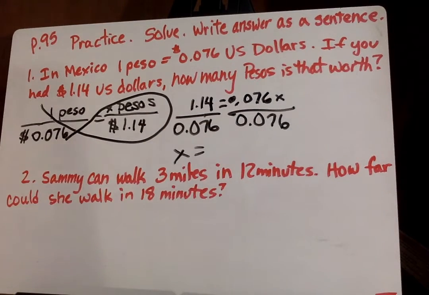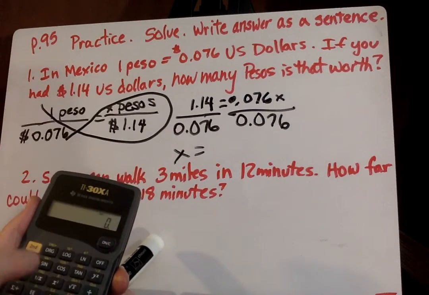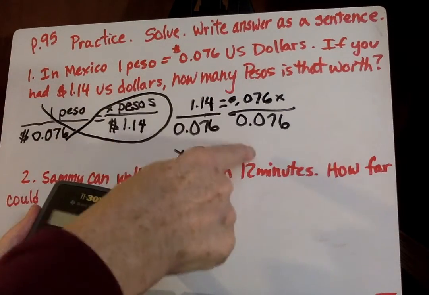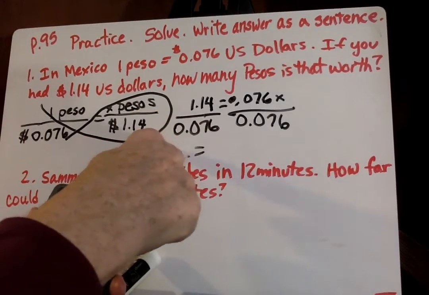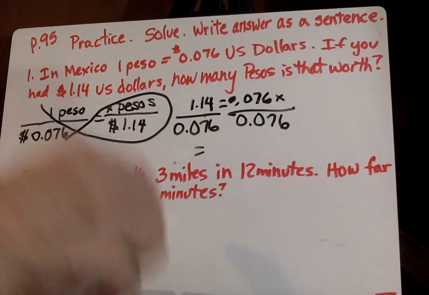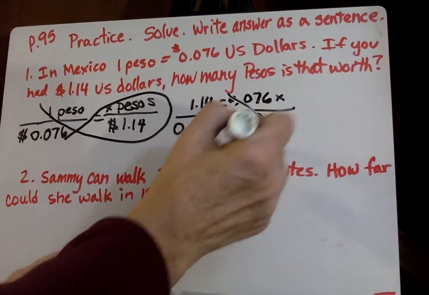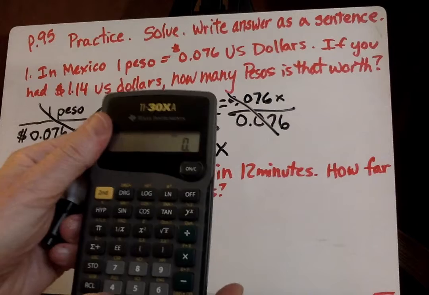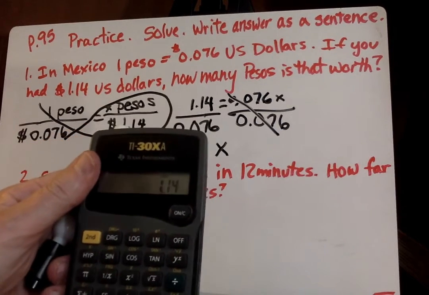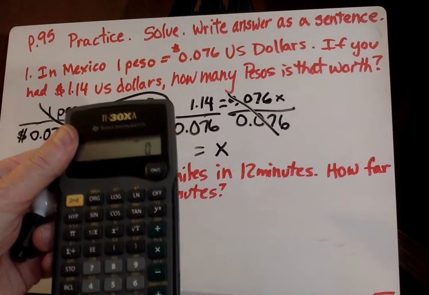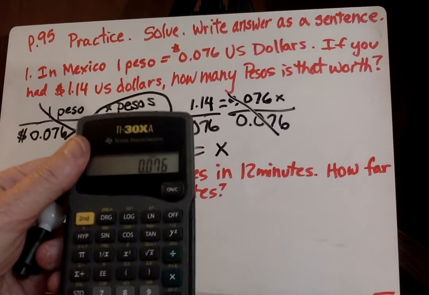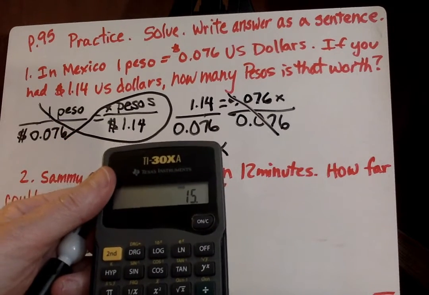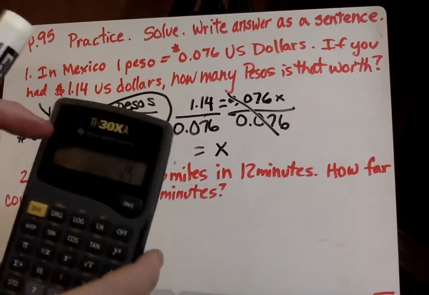I'm going to use my handy dandy calculator on this one. So x equals 1.14 divided by 0.076, which is 15 pesos.